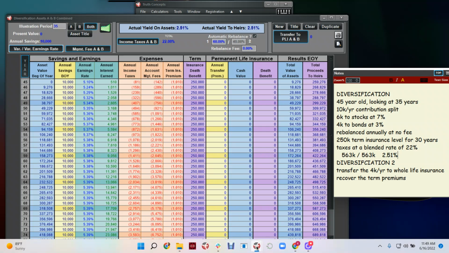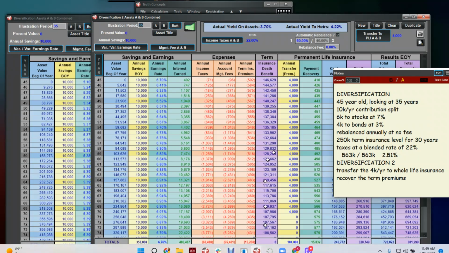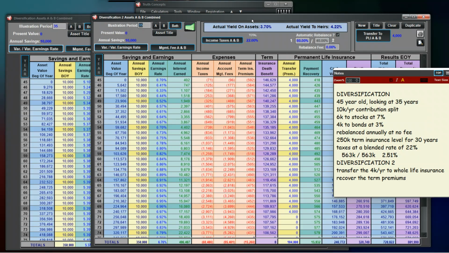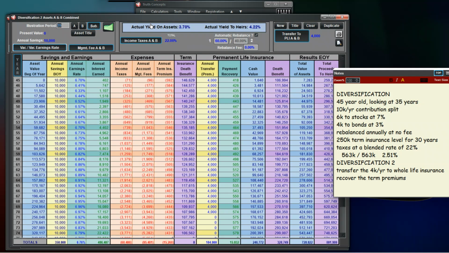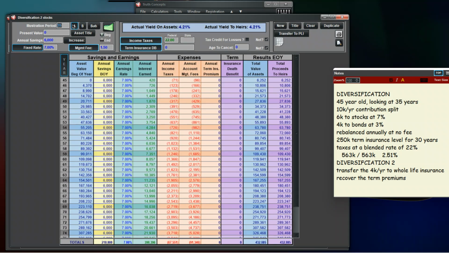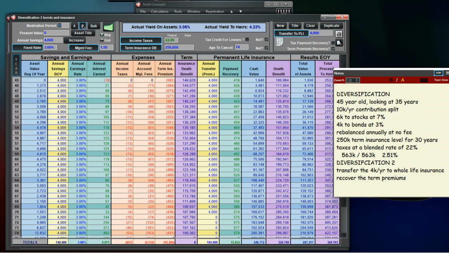Now let's grab the other diversification calculator and see if we can make any improvements. And so if we just look again at the stock account, nothing is different there. We have all those facts the same. If we look at the bond account, so here's our $4,000, and we say, let's transfer that $4,000 to the permanent life insurance.